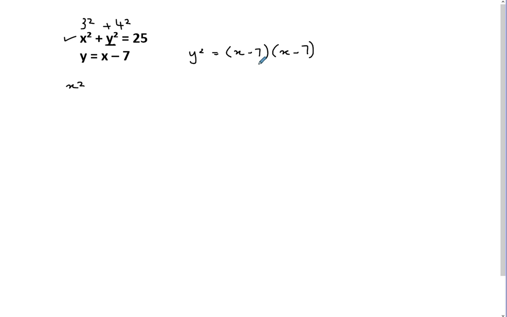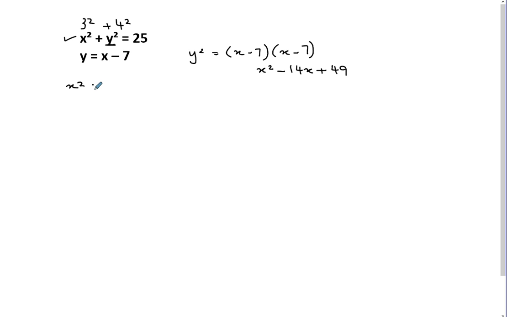Now let's expand this. If you've watched my video on expanding double brackets, if it's just a simple one like this, I can actually cheat. So it would be x squared, and then I add my numbers, so minus 14, and that's attached to the x, and then minus times minus is positive, and I multiply my numbers and I get 49.